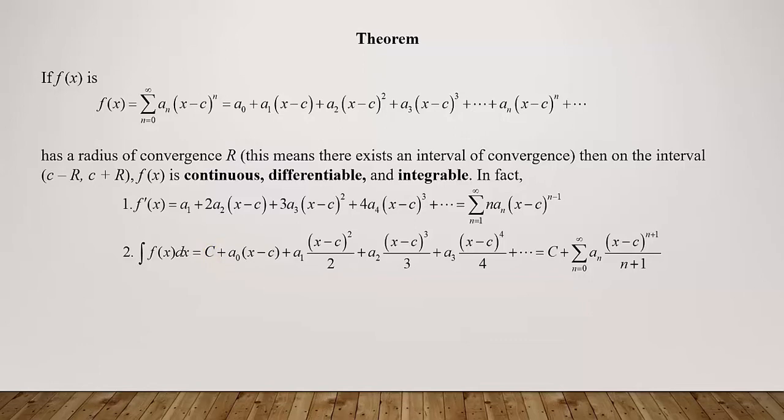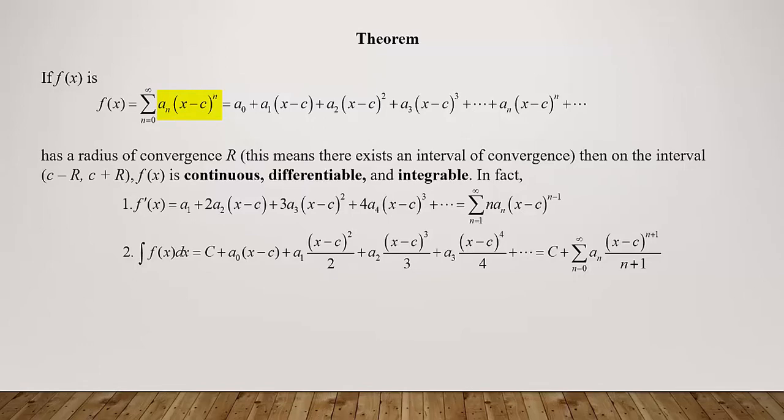But you do term-by-term integration, and you get c plus a sub 0 times x minus c plus a sub 1 times x minus c squared over 2, etc., etc., which is equal to c plus, well, just like with differentiation, you don't have to do term-by-term integration.